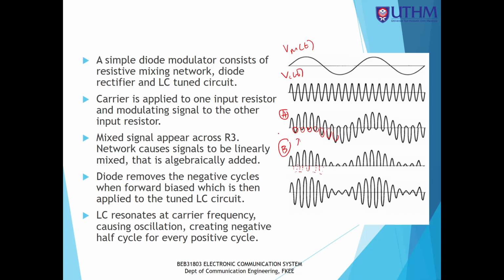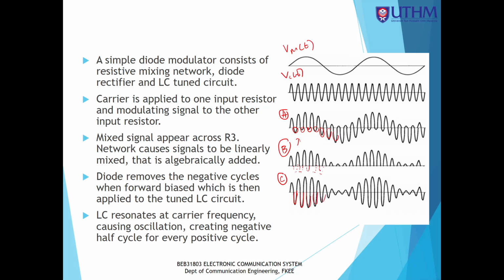During the reverse bias, the LC tank circuit will discharge. So the LC tank circuit will produce the other half of the signal.